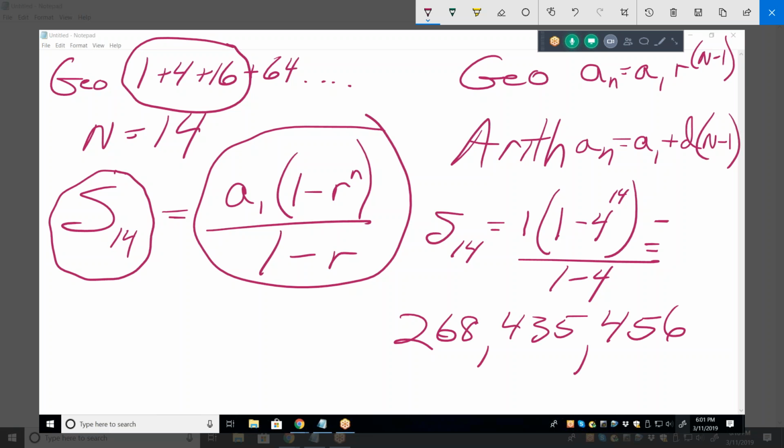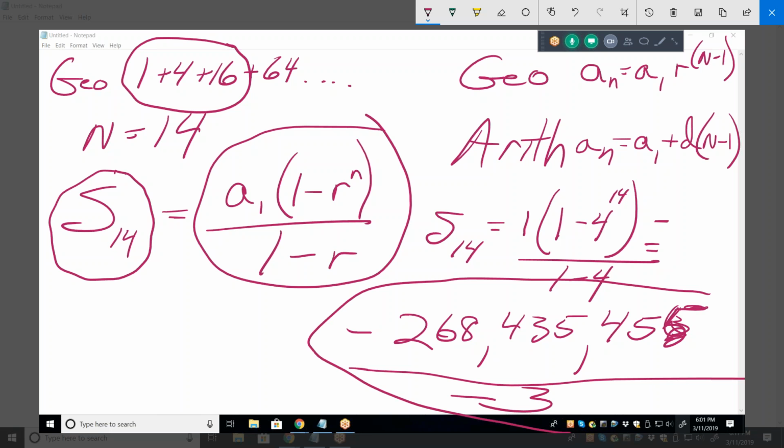Yep. So what is 1 minus that? Negative 268 million. Yeah, what's the last digit? Okay, 455. That's all I needed. So that's the numerator. We're dividing it by -3. So I guess the only way you're getting that is with that calculator. Right.